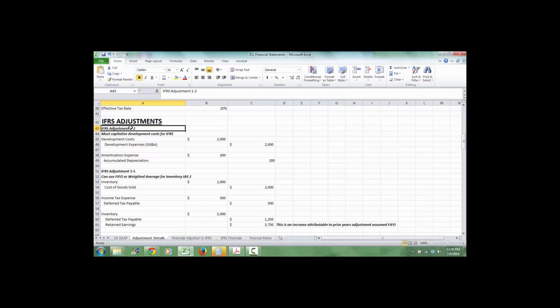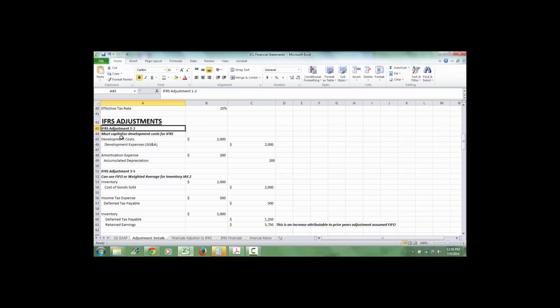So the very first adjustment is the fact that they had development costs of 2 million. In this example, the development costs of 2 million under US GAAP, they would be expensing those development costs. But you can capitalize certain development costs under IFRS.